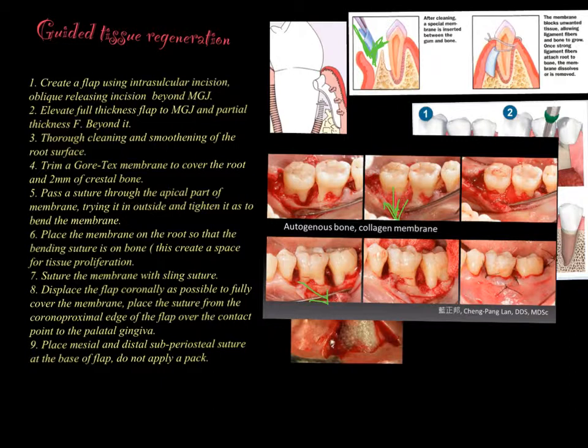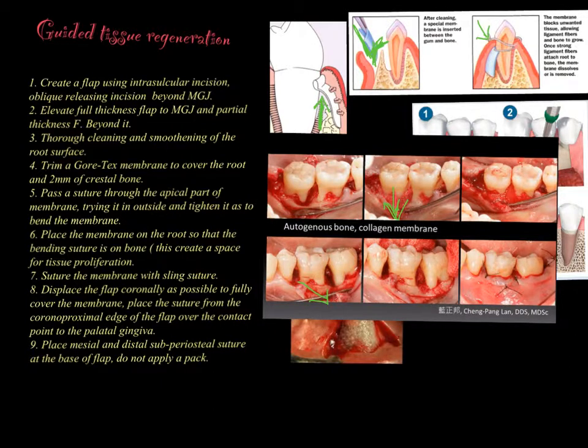As you see here, you will see a regeneration of normal periodontal ligament and cementum, because this membrane will prevent healing by long junctional epithelium. Then we suture the membrane with a sling suture, as you see here.